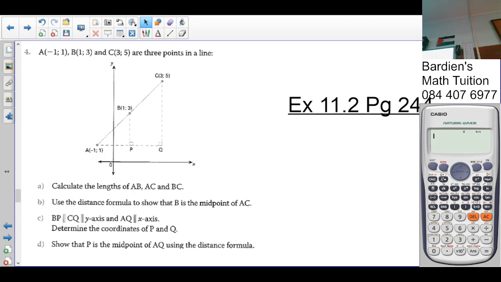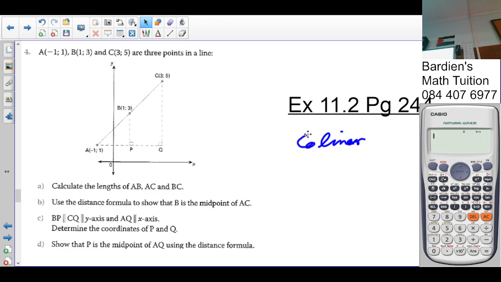Okay? So make a note that points that lie on the same line are also called collinear points. Collinear means to say that they all lie on the same line.